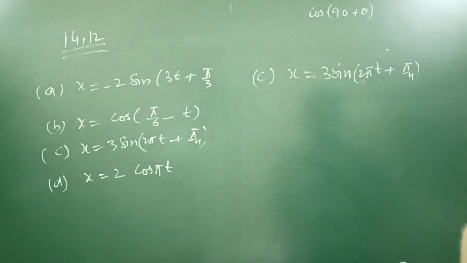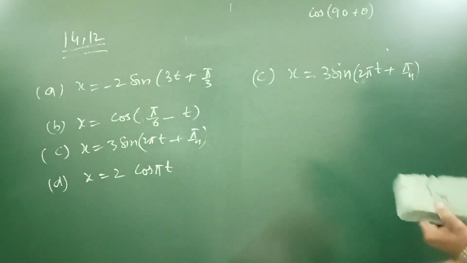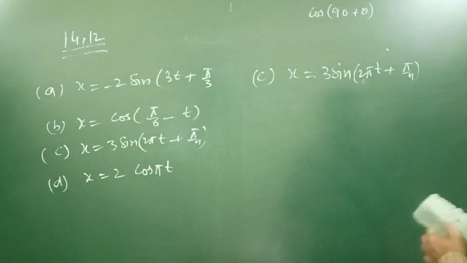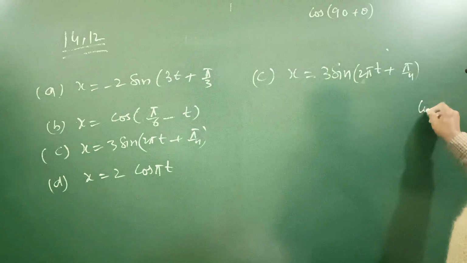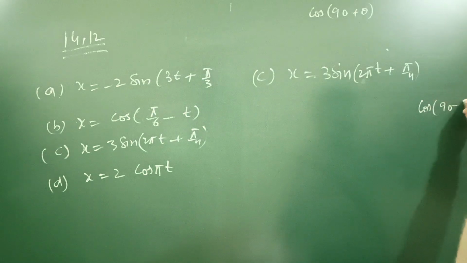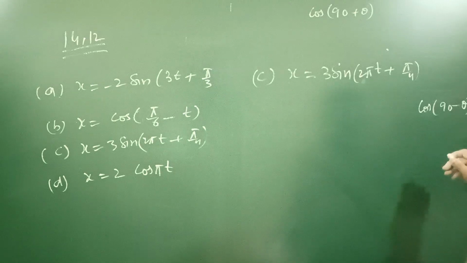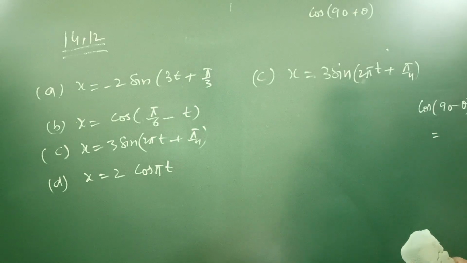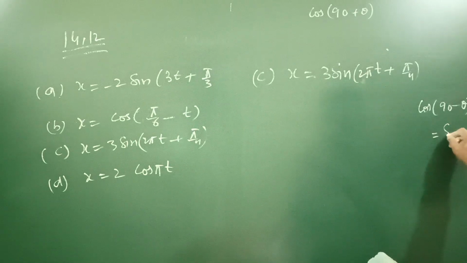We have to convert it to x projection. cos 90 minus theta is called sin theta.